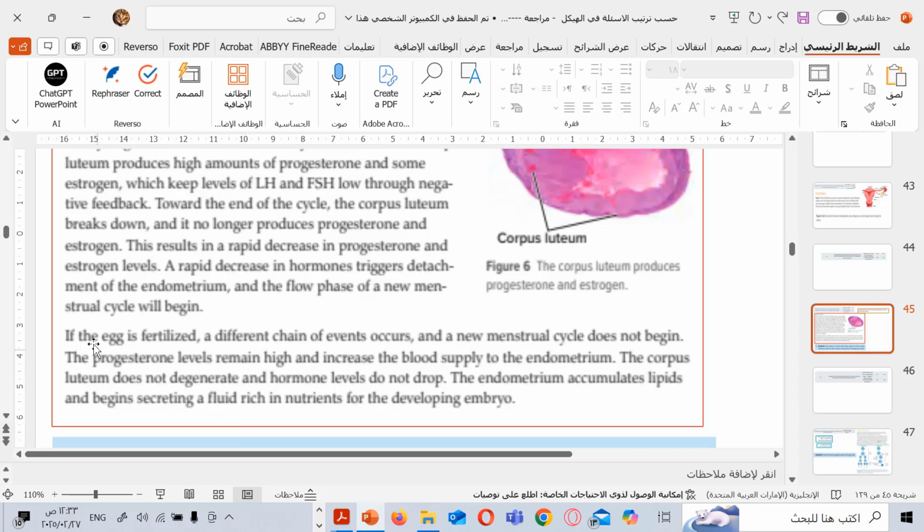Okay, if the egg is fertilized, a different chain of events occurs, and the new menstrual cycle does not begin.